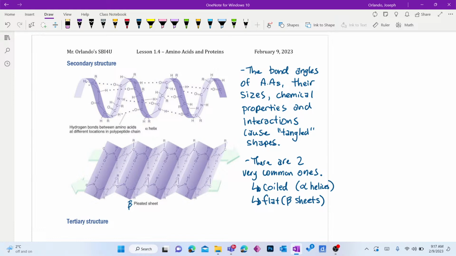Yeah, the primary structure results in the secondary structure. Whatever that chain is, it's going to result in it folding in a different way.